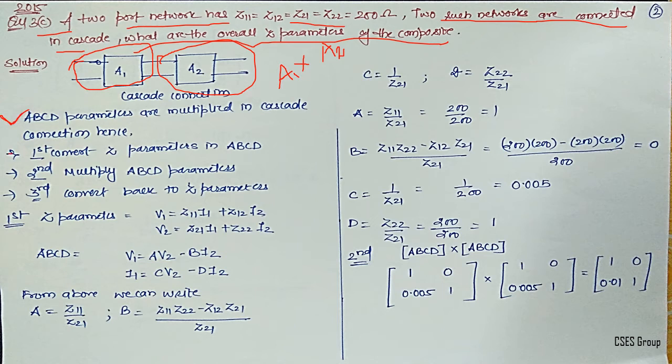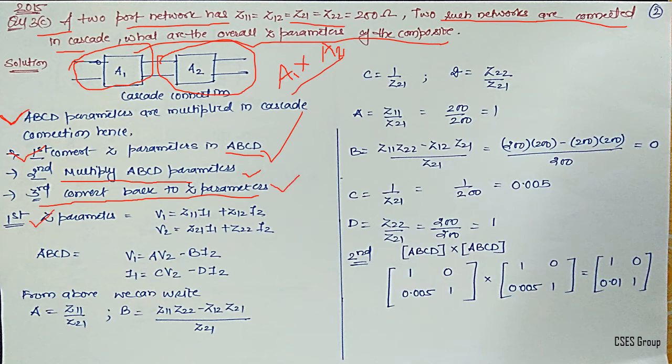First we calculate the ABCD parameters of these two networks. Since both have the same Z parameters, the same ABCD parameters will come. Then we multiply the ABCD parameters with each other using matrix multiplication. In the third step, we convert the ABCD back into Z. So let us first convert the Z into ABCD. I am writing it for your reference.